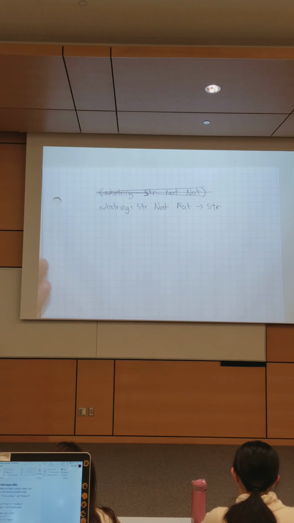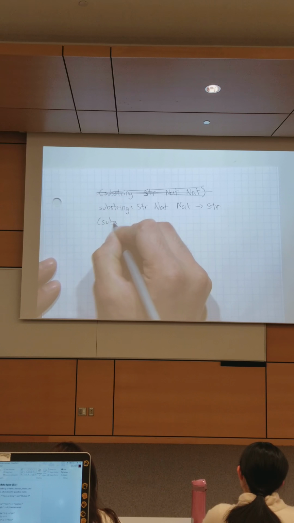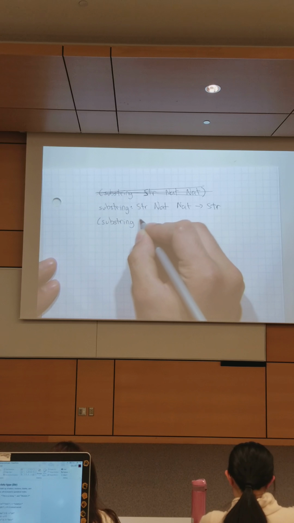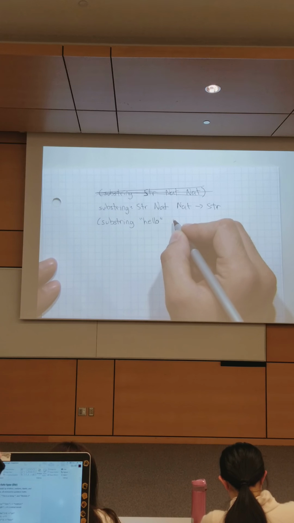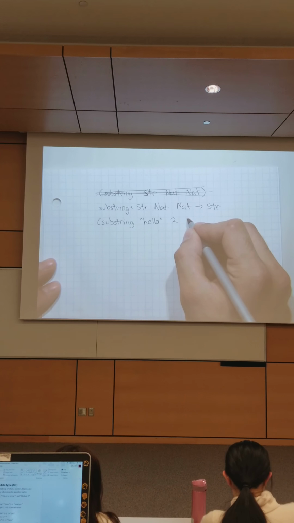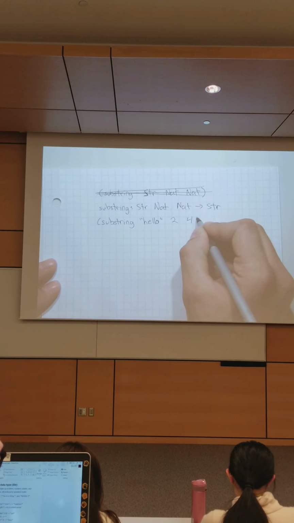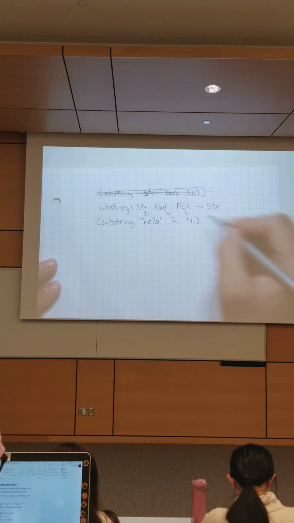Okay? So an example of this would be substring of, let's just say hello. And then we'll pass in 2 and 4. Okay, and notice how this is a string, this is a natural number, and this is a natural number.